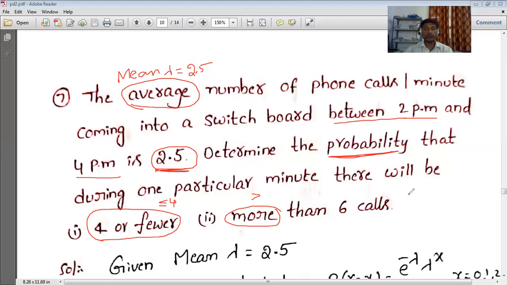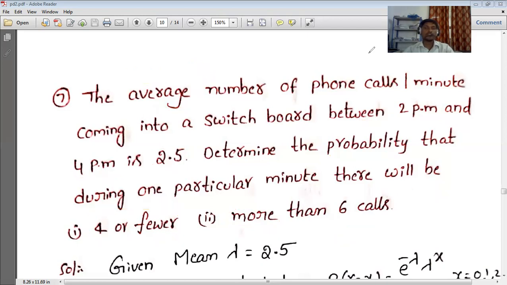So first one, 4 or fewer, is P of x less than or equal to 4, and second one, P of x greater than 6. Already they mentioned in the problem, lambda on an average is 2.5 calls per minute. Simply by using Poisson distribution we can calculate it.